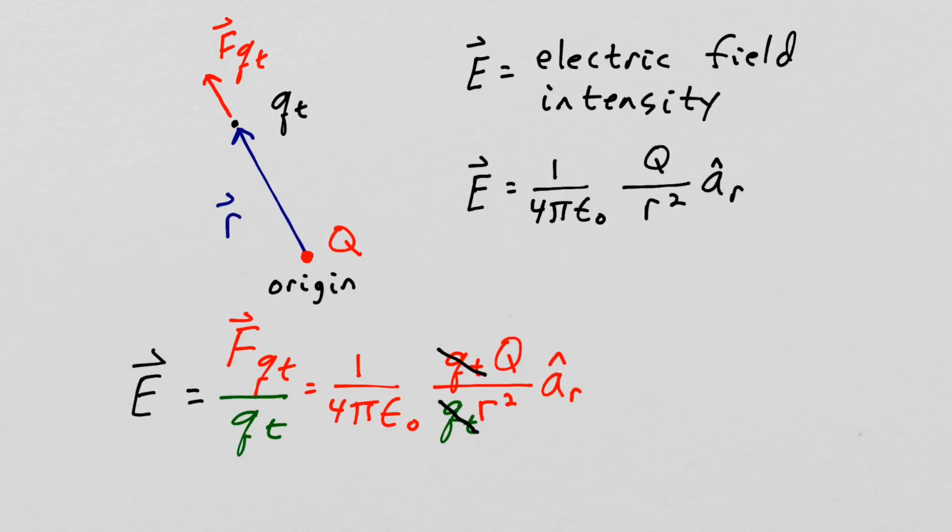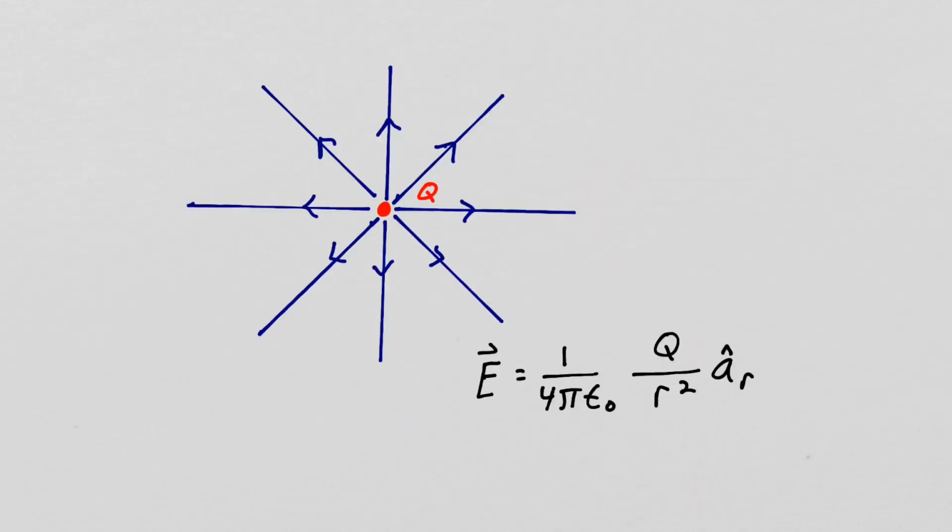And for point charge Q at the origin, here is the expression for the electric field intensity. This electric field intensity is a function in space that tells us about the influence of the charge Q at the origin. For a point charge Q at the origin, the electric field intensity has spherical symmetry.